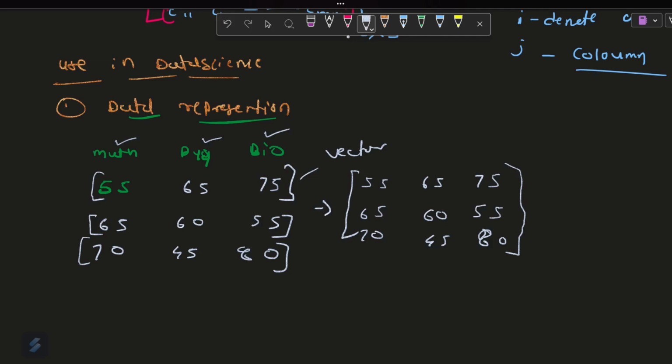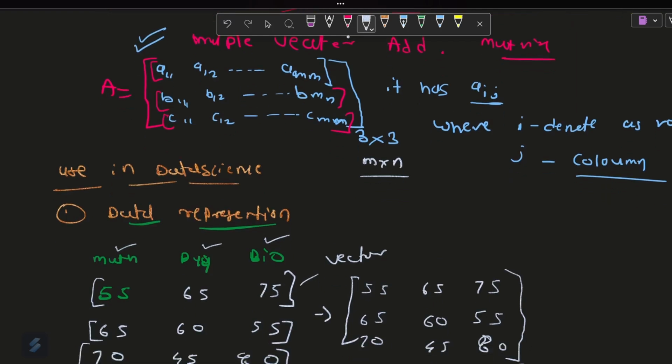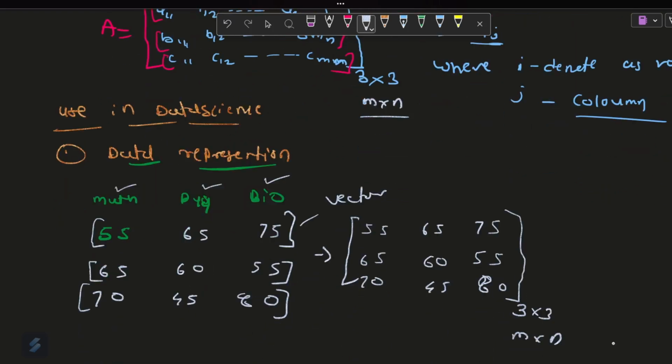We have this in a vector form, and this is also called an M cross N matrix. M represents the rows and N represents the columns.